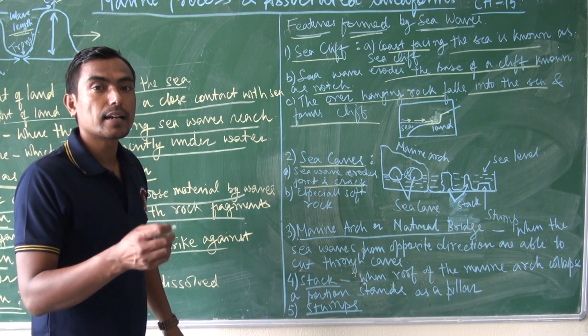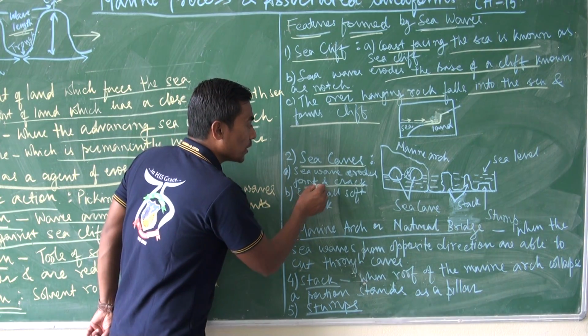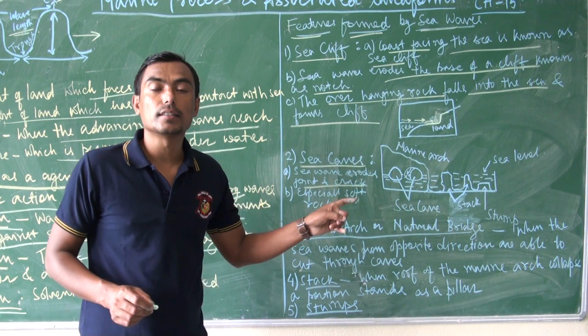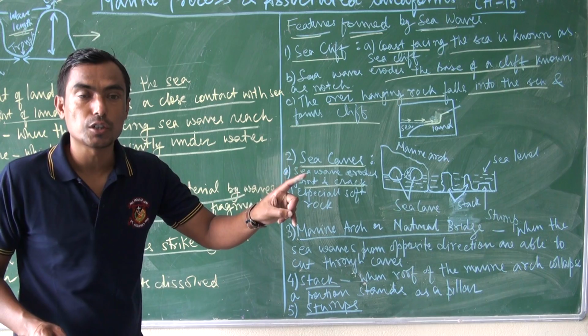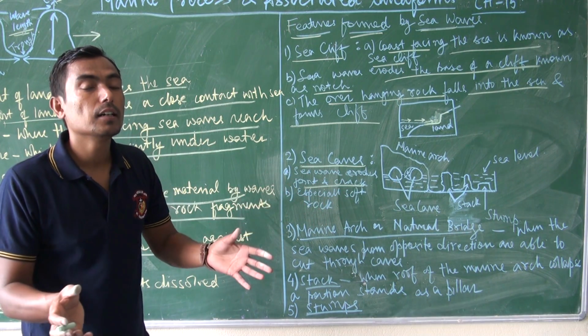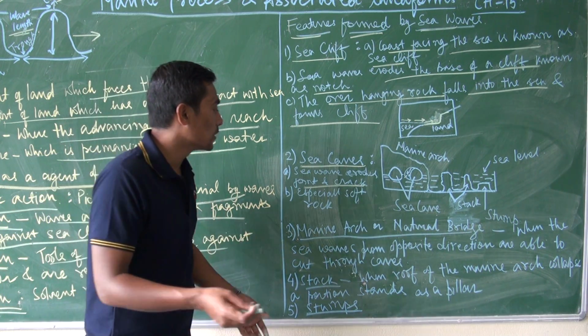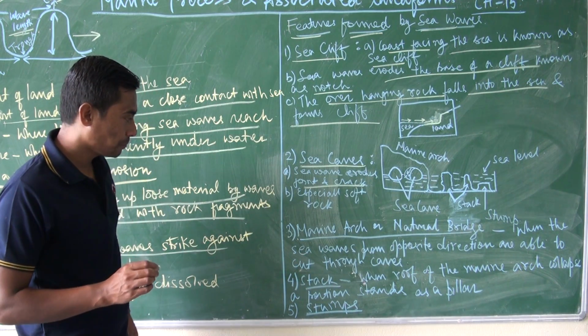The sea waves start to strike especially the joints and the cracks. As these joints and cracks are further attacked by the sea waves, armed with the tools of erosion, they become further enlarged. As they become further enlarged, it results in the formation of sea caves.